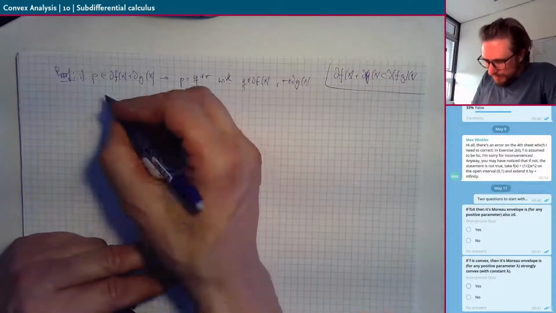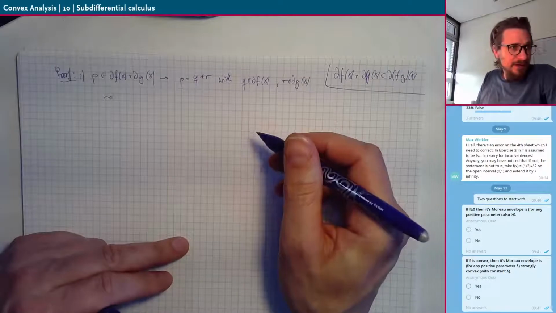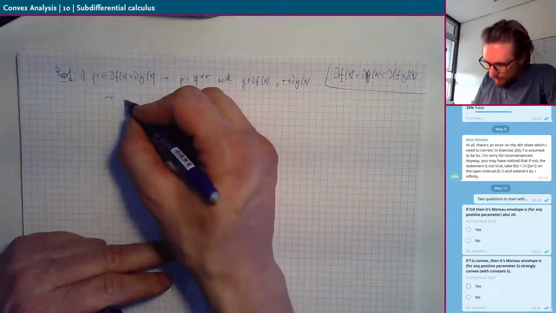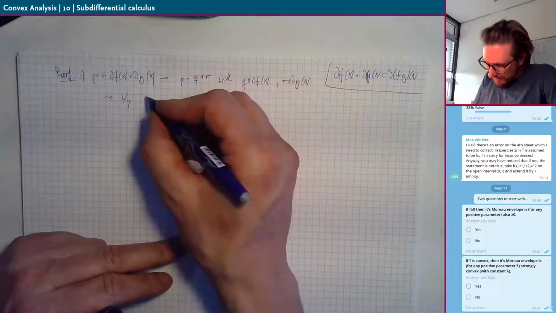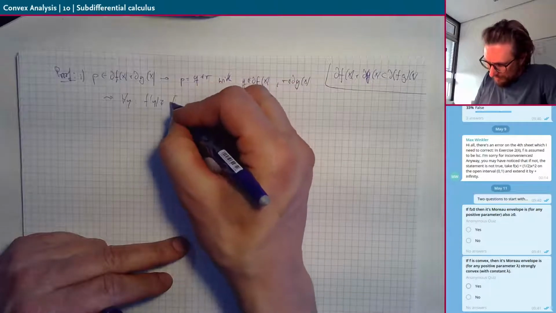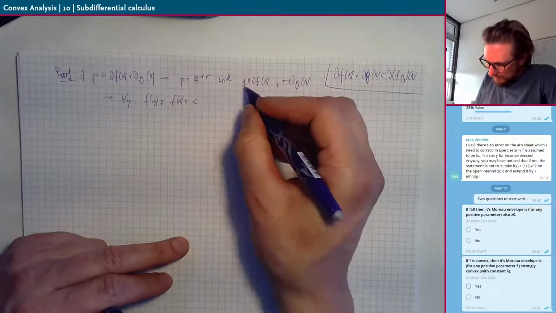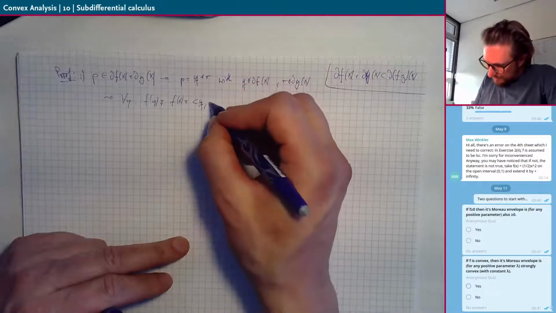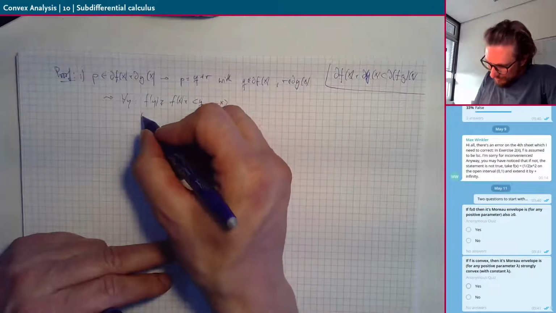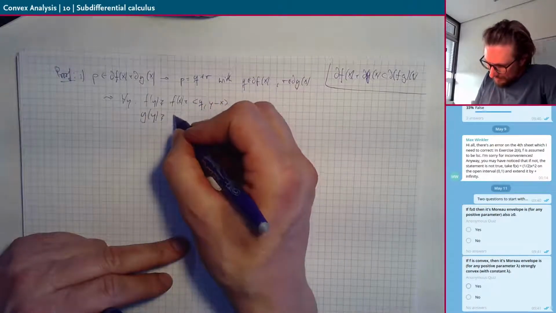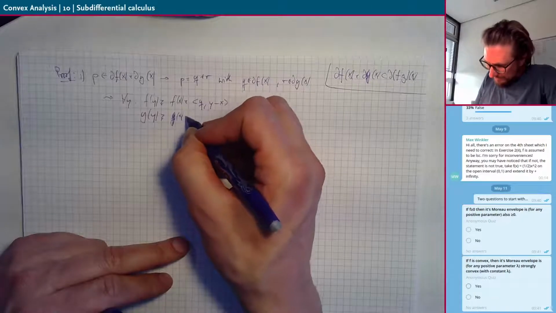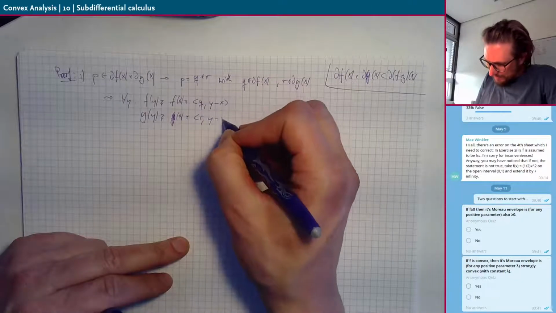We write down both subgradient inequalities, which say for all y, f of y is larger than or equal to f of x plus q times y minus x, and for g, g of y is larger than or equal to g of x plus r times y minus x.